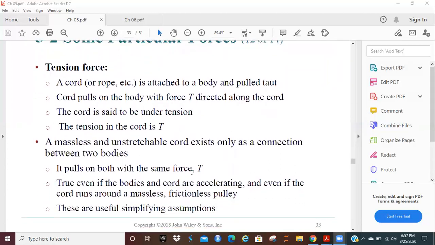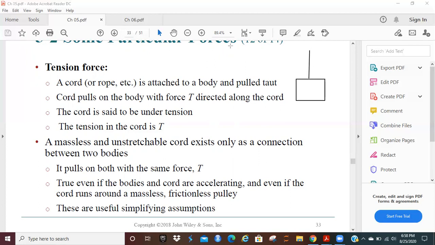Tension force. So I've got a cord or a rope or something like that, and it's attached to a body. For the sake of argument here, here's my object, and I've got a string here.